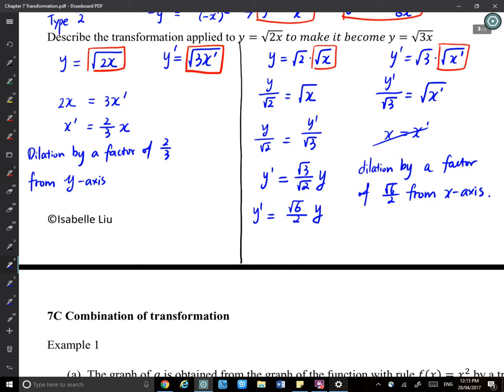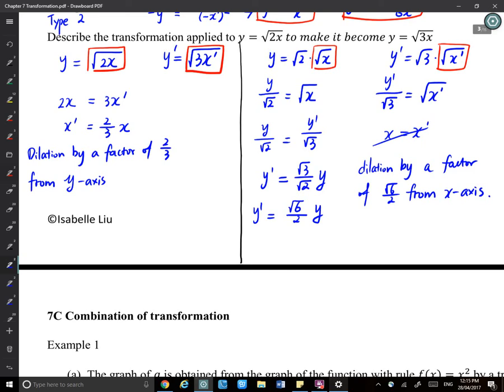So why am I doing this? Because in some multiple choice questions, the answer you think is correct is not necessarily among the options. For example, you work out this answer, but the solution given is this one. The option is not giving you this one at all. It can give you a dilation from a different axis. So you need to know all of them.